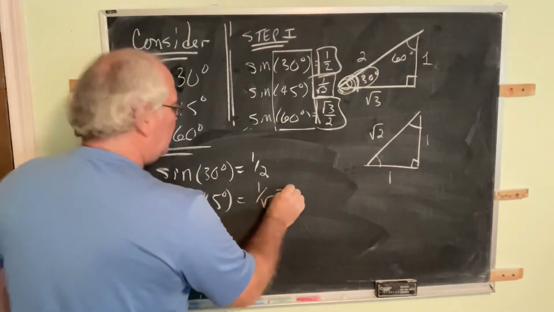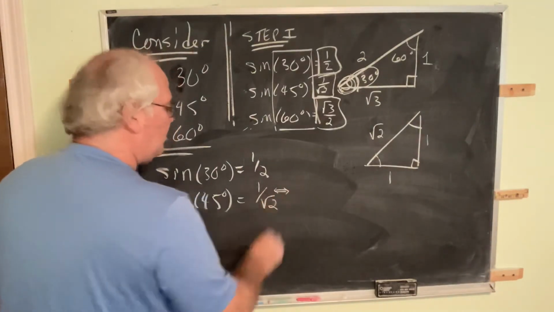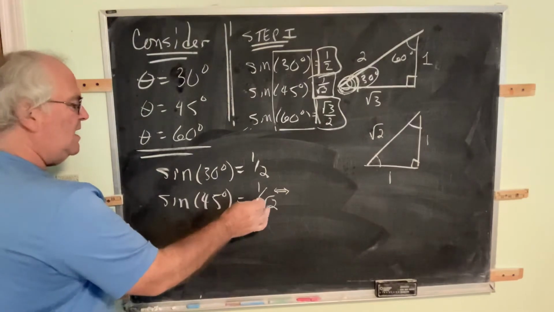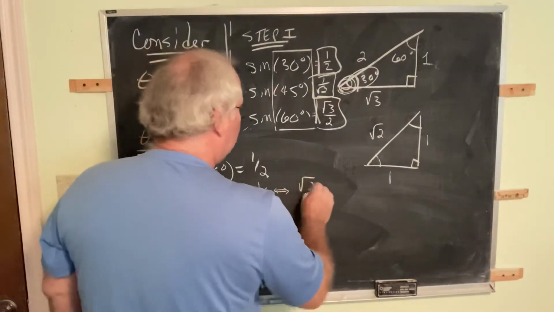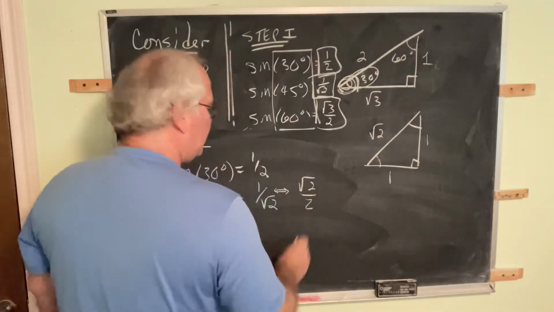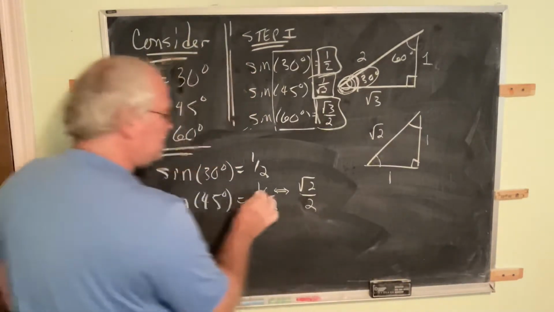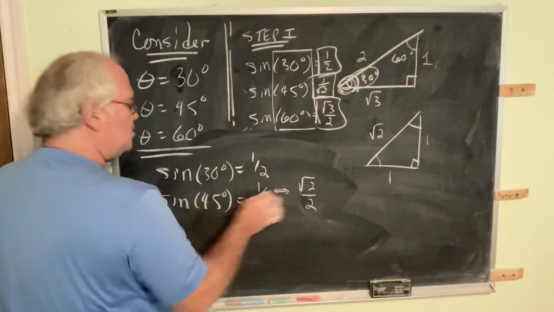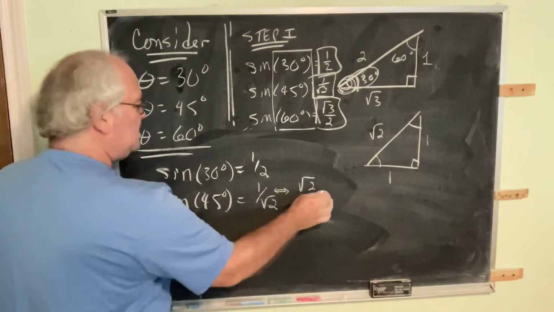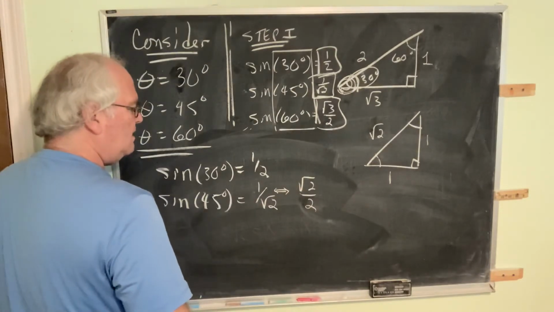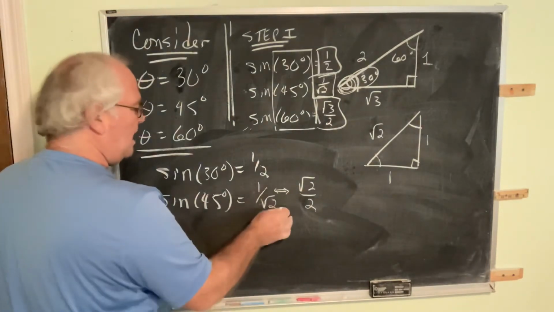Now, remember, if you want to check your answer with a textbook, textbooks will not leave your answer like this. A textbook will change this into square root of 2 over 2. If you see this and the answer has that, I will assume you know those are the same thing. You multiply the numerator and denominator by the square root of 2.